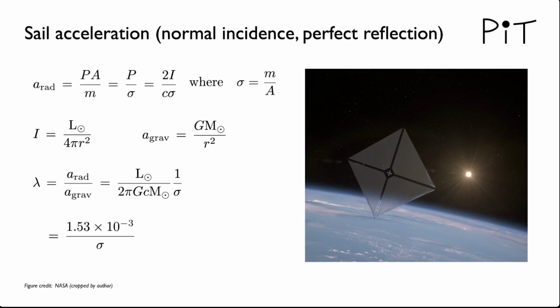This is a very small mass per unit area. It's about 10 times less than typical plastic food wrap. So sails have to be extremely light for the acceleration from the radiation to be significant compared to the acceleration from gravity. This acceleration ratio is an important quantity in characterizing solar sails and is called the lightness number.